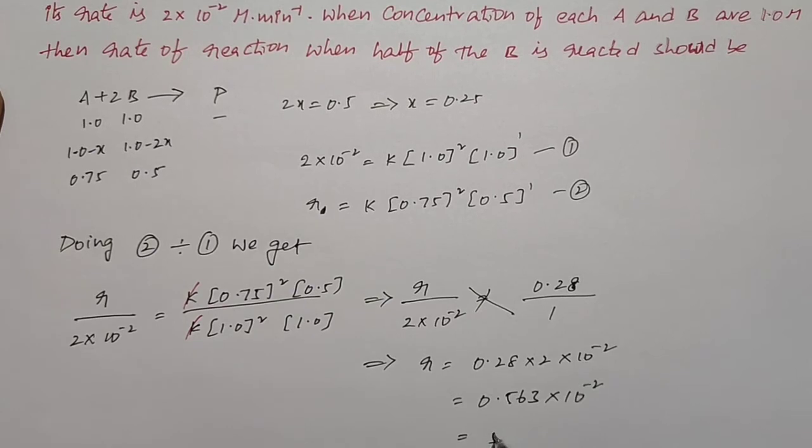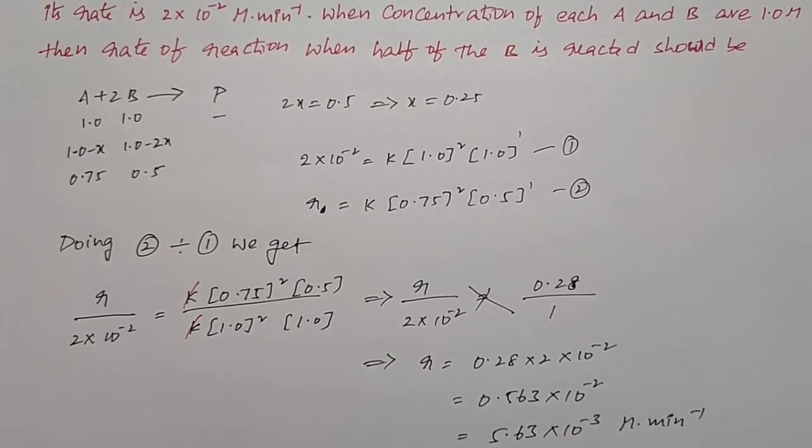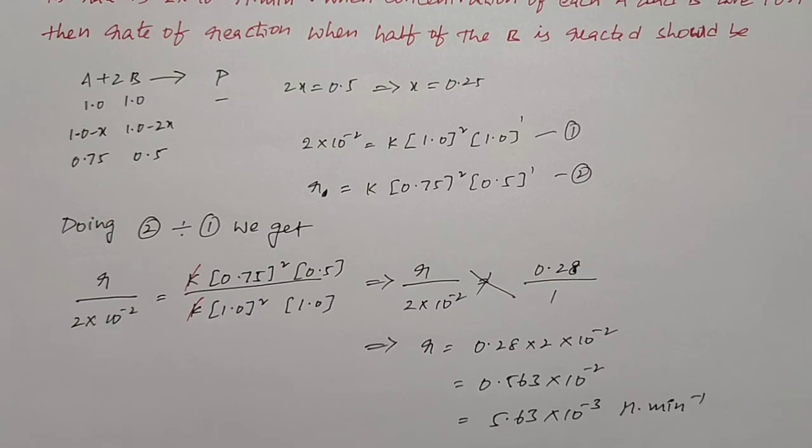It is equal to 5.63 into 10 power minus 3 molar minute inverse. So this is the rate of reaction when half of B is reacted. That's all. So these are some problems based on the rate law and rate constant.